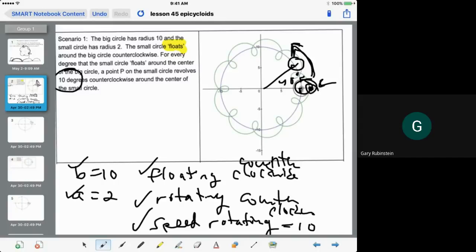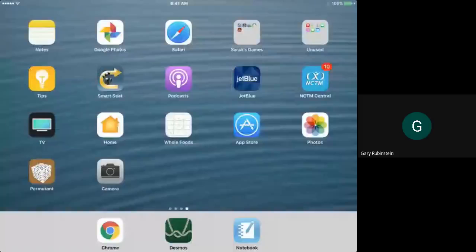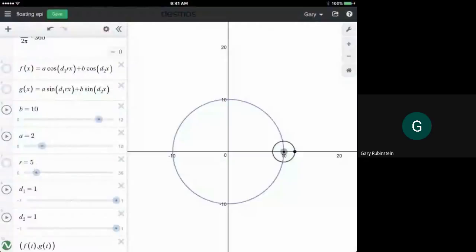The point on the circle will have revolved 400 degrees. So the point on it will have revolved more than a full turn. So those are the five pieces of information that need to be given to you. If you take a look over here, I put 10 for R. So for every 1 degree it revolves, R is 10, sorry.